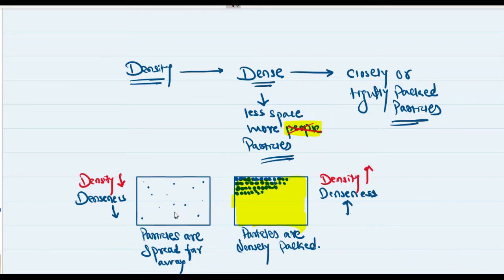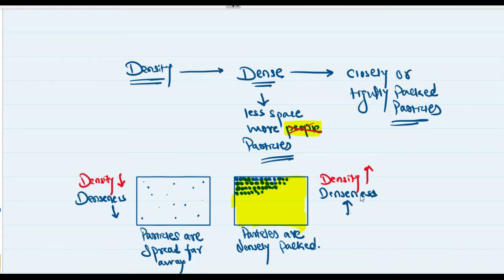Less particles in the same space means less density. More particles in the same space means more density. So out of solids, liquids and gases, which one has the greater density?